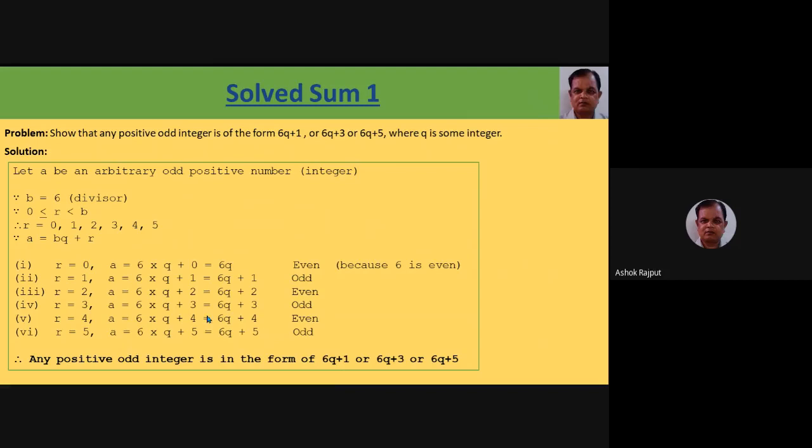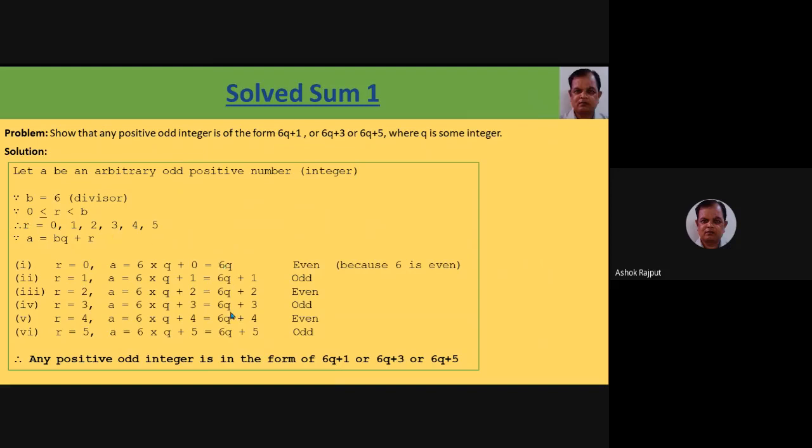This is how you can solve other such questions. First check what the divisor is. If you know the divisor, then you decide the remainders, and because you know Euclid's division lemma, a equals bq plus r, you use this lemma with these remainders.